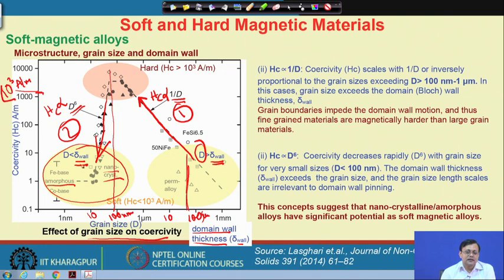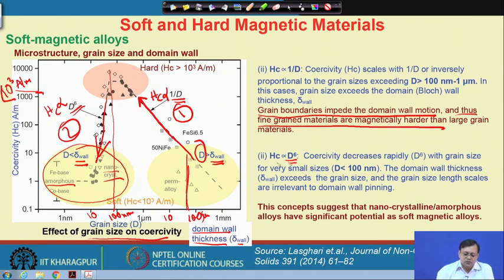It basically says that an individual grain acts as a single domain, and this is a very big benefit. The grain boundaries impede the domain wall motion, and that is one of the disadvantages, and therefore the fine grain materials are magnetically harder than the large grain ones.